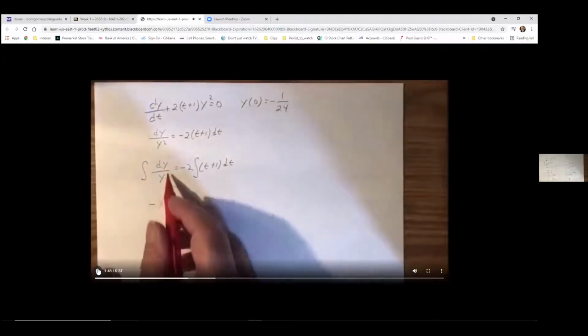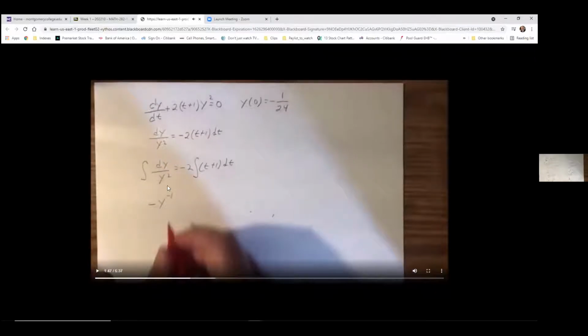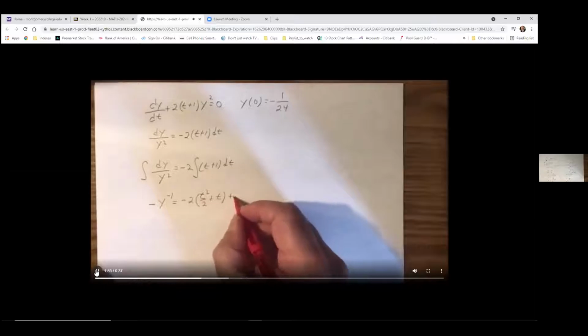So you can see the derivative of this gives me this. Hopefully everybody knows how to do these simple integrals. Now here I'm going to get -2, and then the integral of this is just t squared over 2 plus t. And then I'm going to add this plus c.